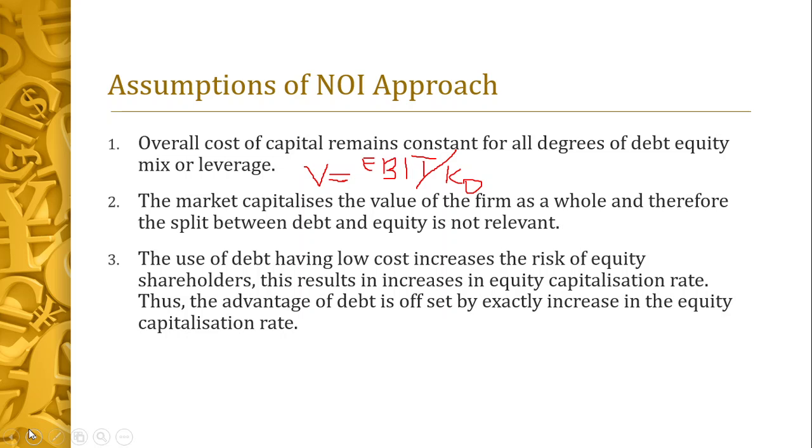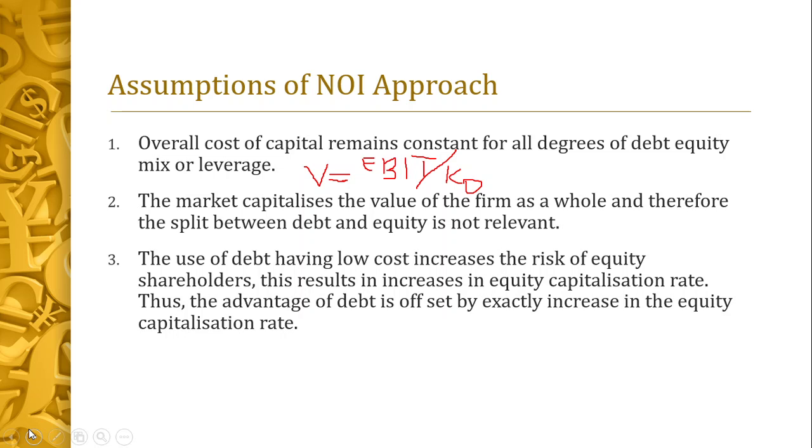Okay? Now coming back to theory, I just gave 5 minutes so that the process settles in your brain. Coming back to the assumptions, the first assumption tells that the overall cost of capital remains constant for all degrees of debt equity mix or leverage. What does that mean?